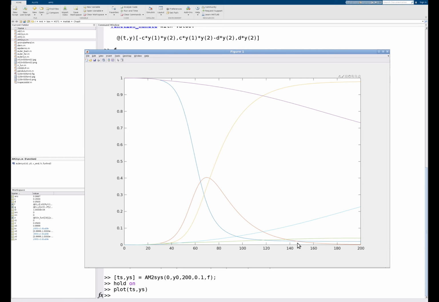So the point of the lockdown is to prevent the peak of the infection rate from being high enough to overwhelm the hospitals, right? And then we can see that everything is slower under the lockdown. The blue curve here, let me see if I got this. Yeah, the blue curve here seems to be the number recovered.